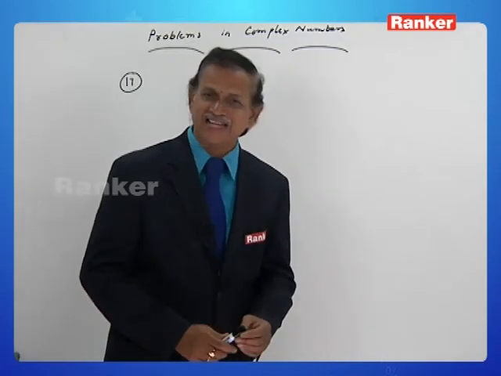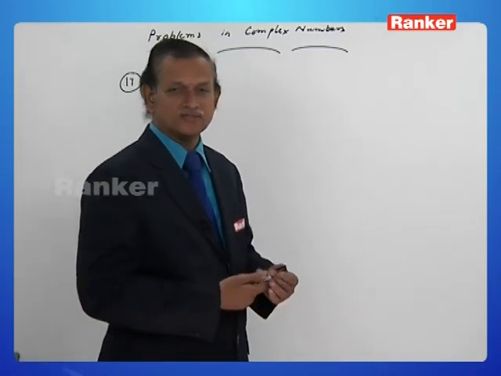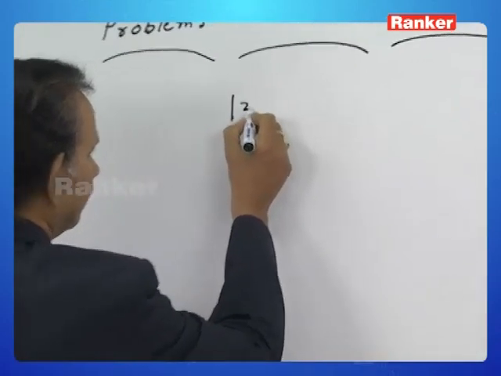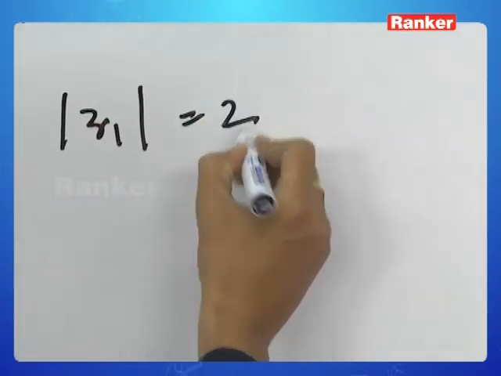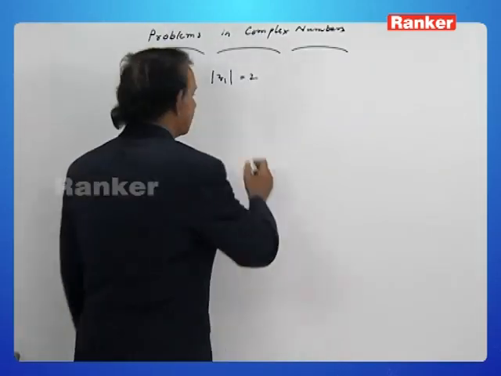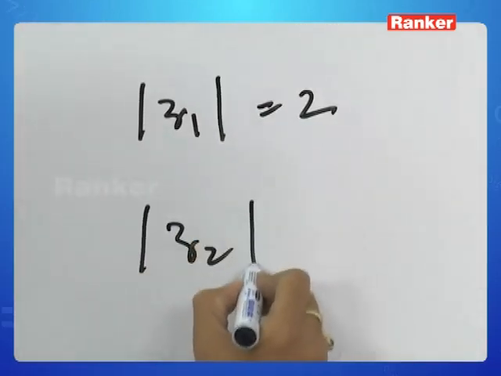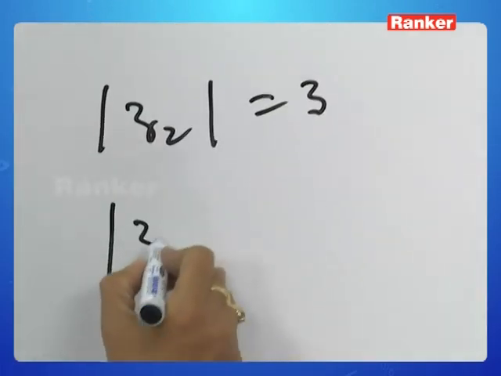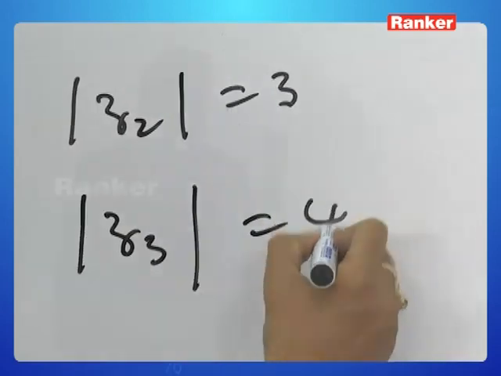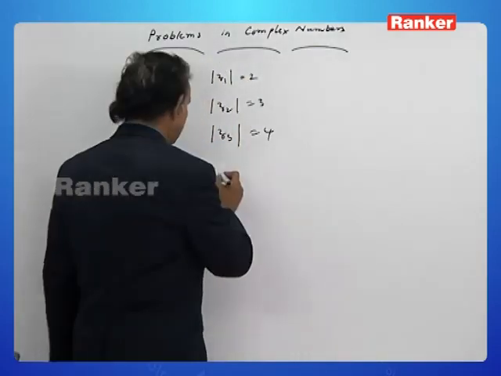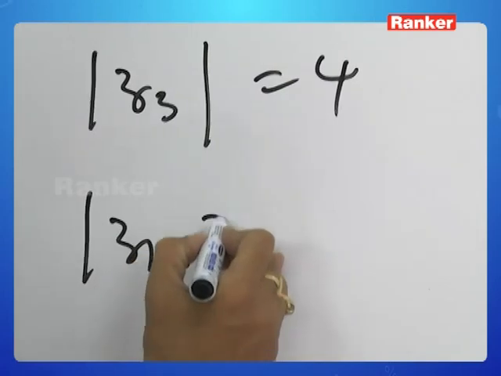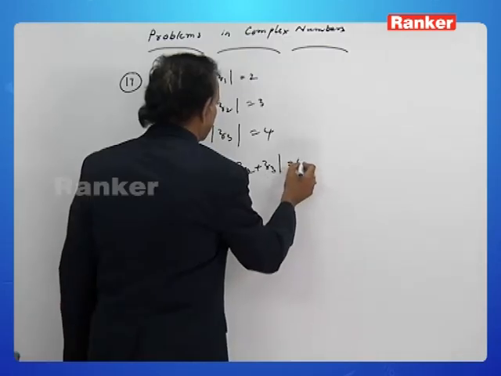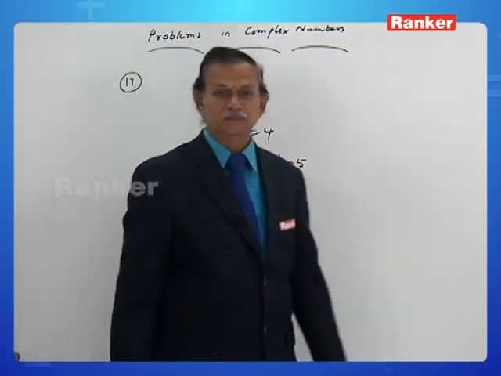Let us first of all grasp what are all the things given. First one given is mod Z1 is equal to 2. Next one, mod Z2 is equal to 3. The next one, mod Z3 is equal to 4. And the last one, mod (Z1 plus Z2 plus Z3) is equal to 5. Those are given.